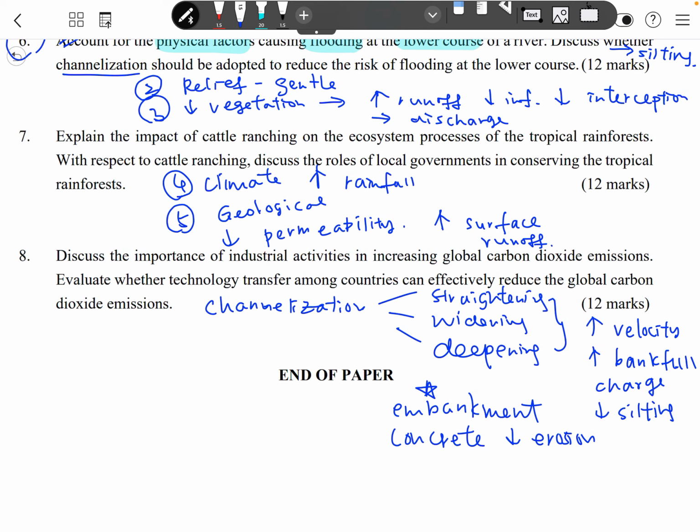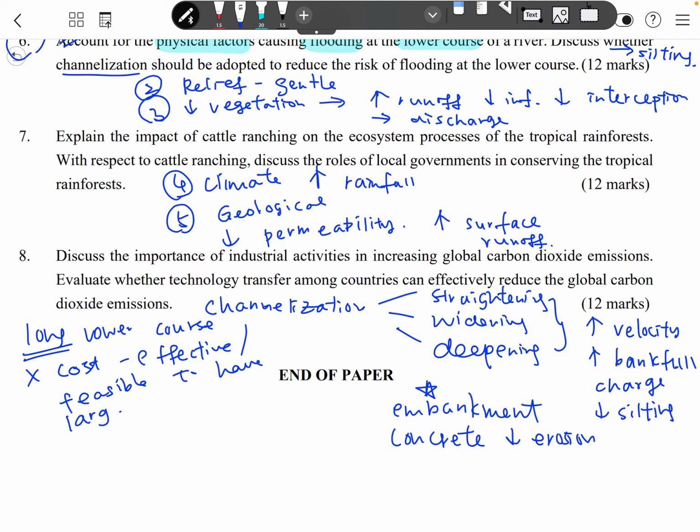The lower course is long, so it is not cost effective or feasible to have large scale channelization. You also need a lot of time to do so. Doing the whole river on such a large scale is a waste of time and effort, and it cannot be completed, so it cannot solve the flooding problem at the lower course.